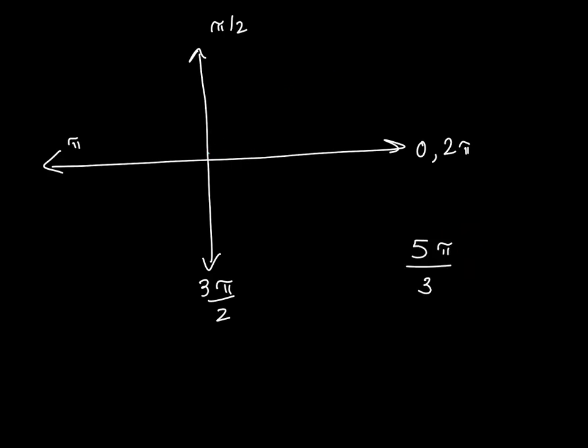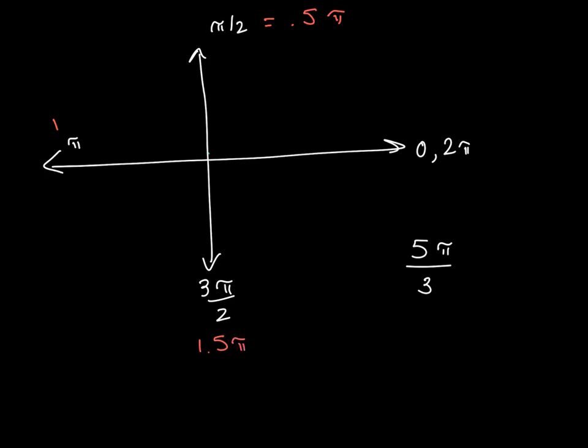Now what if it's 5 pi over 3? It might help to think about this in decimals in terms of figuring out which quadrant it is in. 3 pi over 2 is the same thing as 3 divided by 2, which is going to equal 1.5 pi.